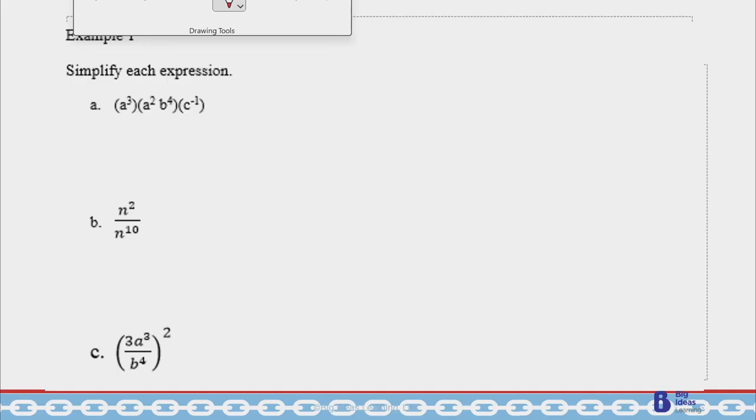As I'm looking, I see this c to the negative 1. I know that that term is on the wrong side of the fraction bar, so that c is going to drop below the c to the first, which we don't usually write the first powers down. So that c is going to be below the fraction bar.